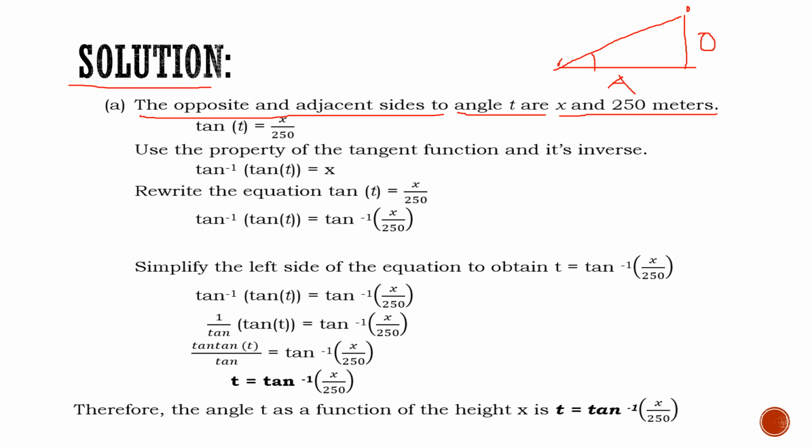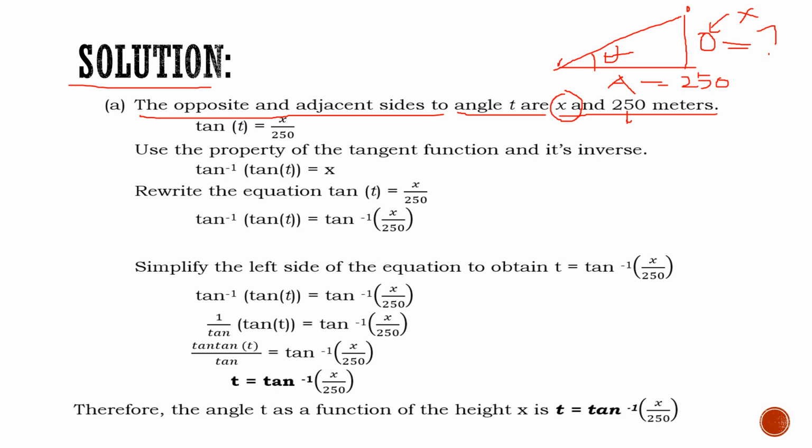As you can see, this adjacent side is equal to 250, and this x, your opposite side, will be an unknown value. So we simply use x, we let x be equal to your opposite side. Then we let this one be your adjacent side.